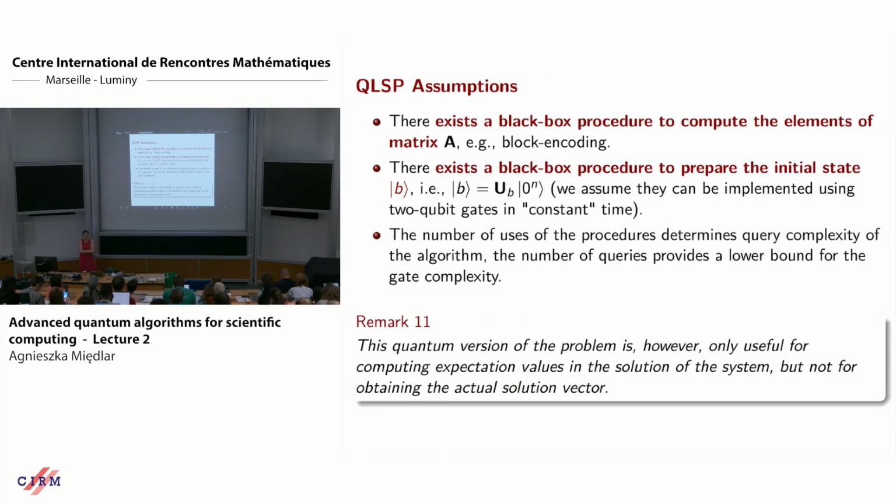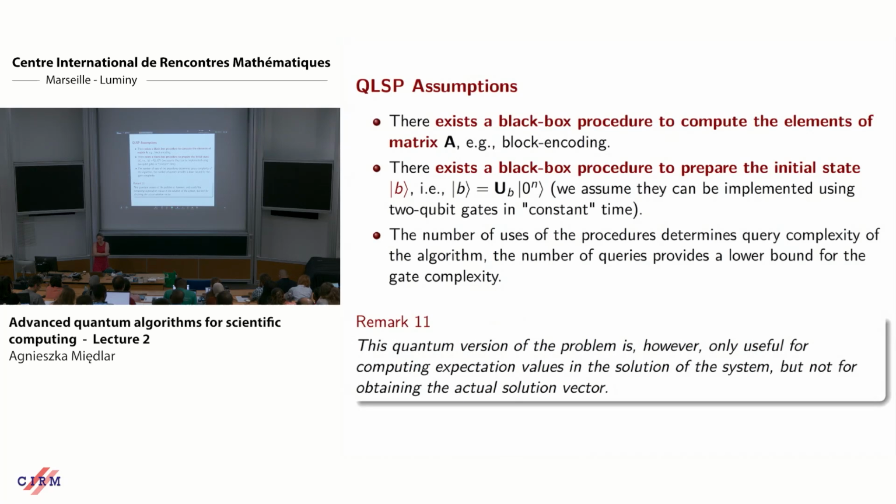But you have to be able to access the elements of your input data, obviously. And there is also a black box procedure to prepare the initial state. So the same problems which we discussed yesterday: you have to be able to input your data. You need a state preparation procedure, and some kind of block encoding or an equivalent way of representing the matrix.